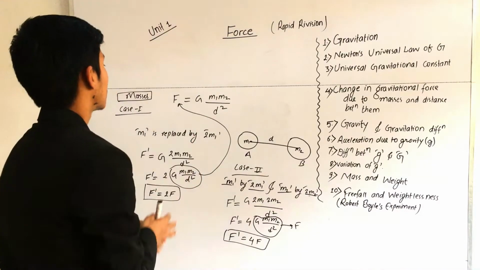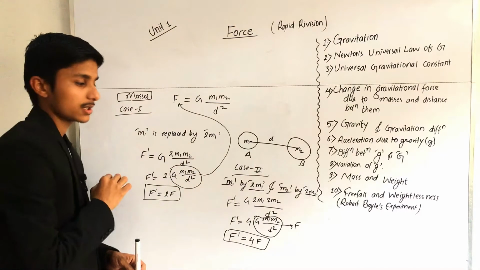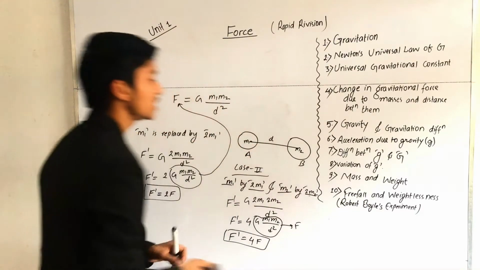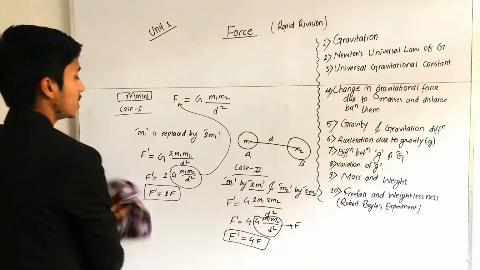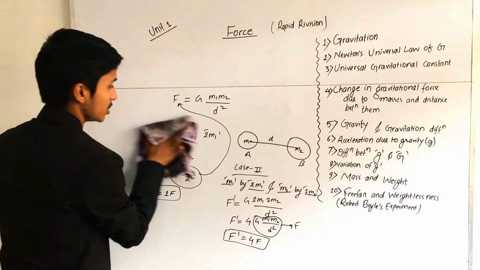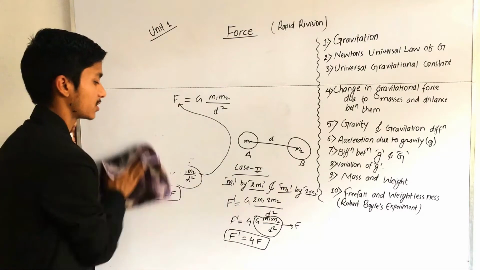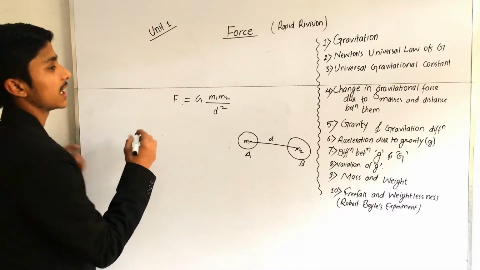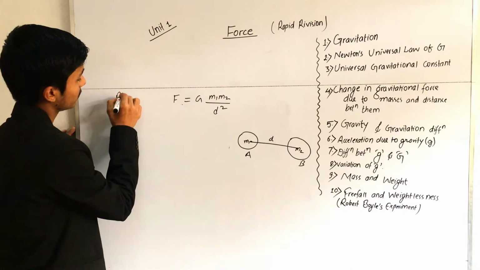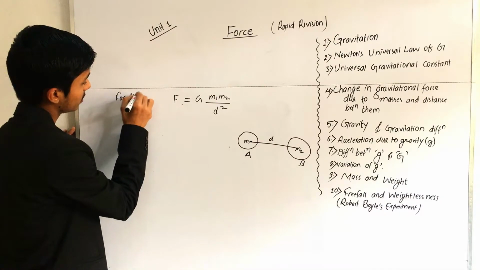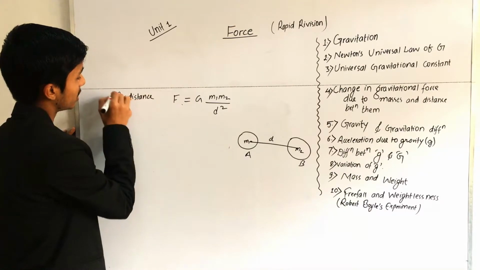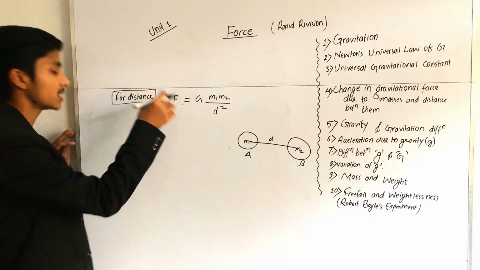We have discussed cases related to mass. Now we discuss what will be the change in gravitational force when distance is changed, when variation in distance takes place. Here we write for distance, that is, variation in distance.